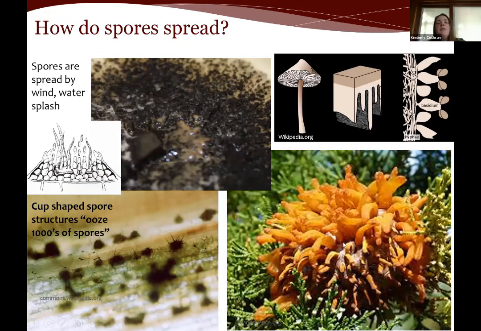Okay, so now that we've looked at what happens with mushrooms, let's look at this bottom right photo. This is actually a reproductive growth. It's commonly called a gall, even though it's actually a fungal mass. It looks kind of like a brown ball of Play-Doh when it's developing, and you'll see it wrapped around a cedar tree limb.